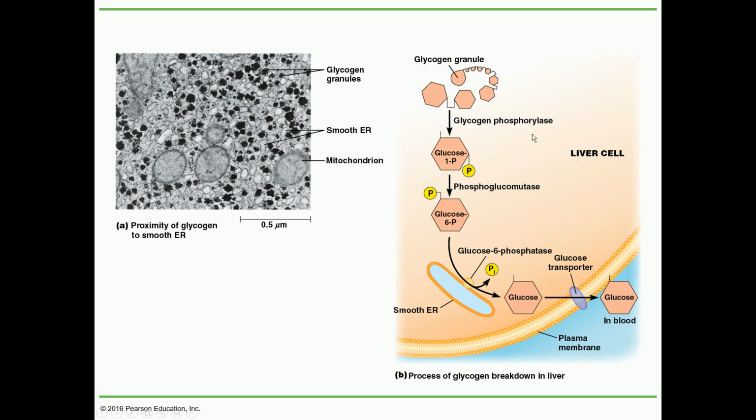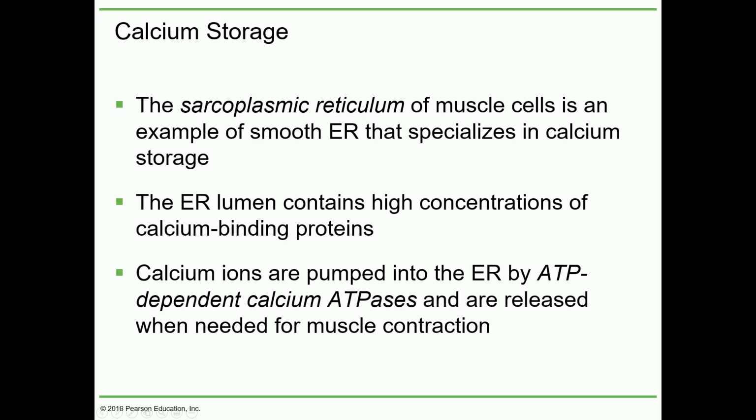With the help of the enzyme glycogen phosphorylase, first of all, from glycogen glucose 1-phosphate is made, and then with the help of another enzyme called phosphoglucomutase, glucose 1-phosphate is converted into glucose 6-phosphate, and this is then converted to glucose with the help of the enzyme glucose 6-phosphatase, which is there in the smooth ER. Then this glucose can go to the blood through the glucose transporters.